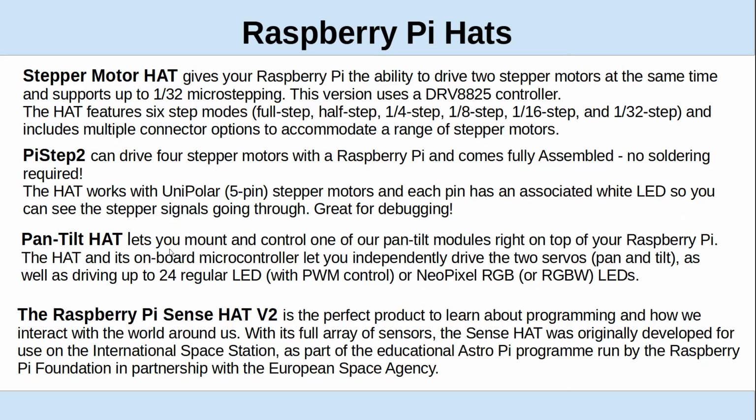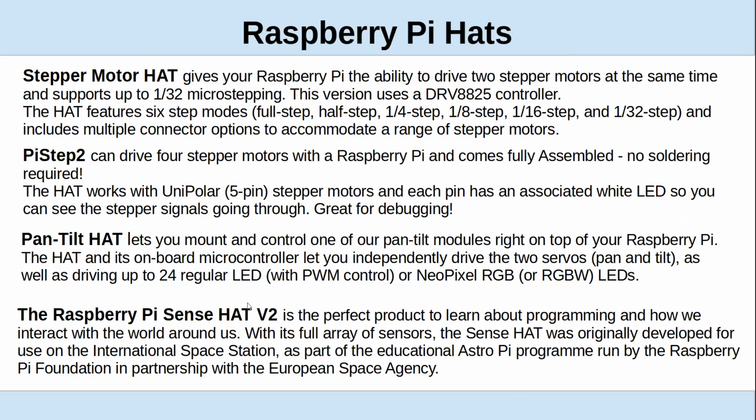There's a little pan and tilt hat I thought was kind of cute. It's fairly cheap. I might get one to play with. And you can put a camera on it, pan and tilt it. The Sense hat is kind of cool. The European Space Agency built a thing called AstroPi, which a friend of mine did a version of it with a 3D printed box for it.